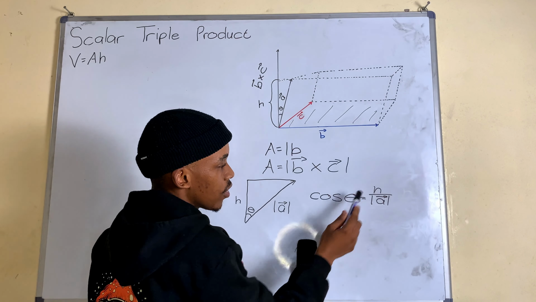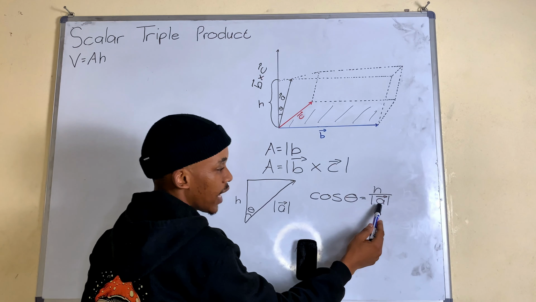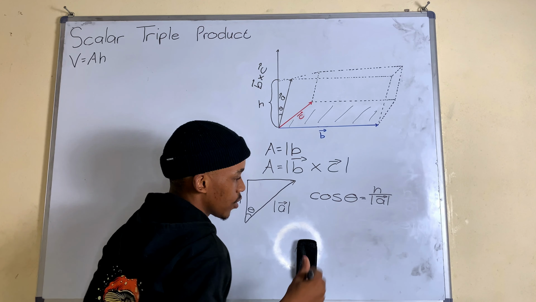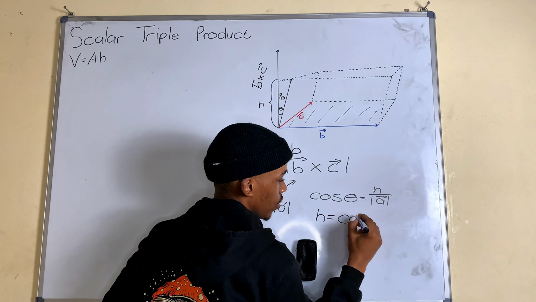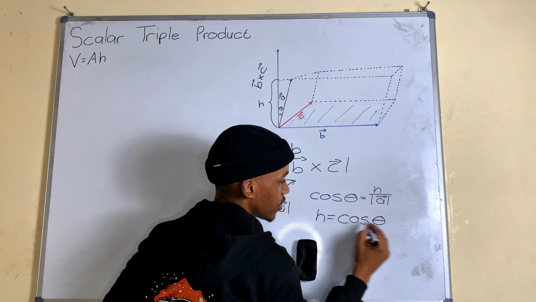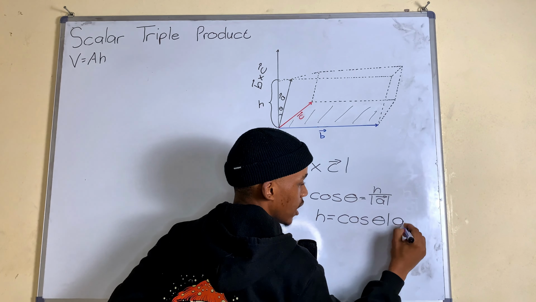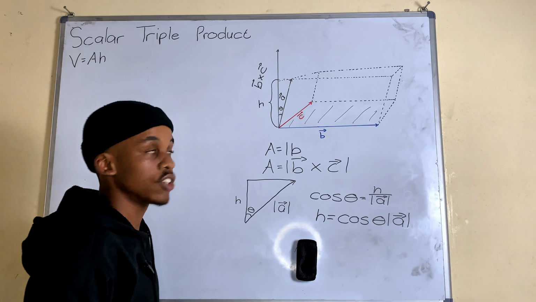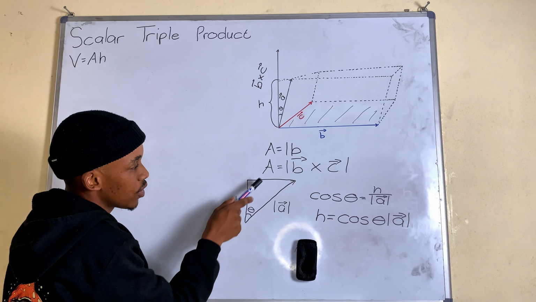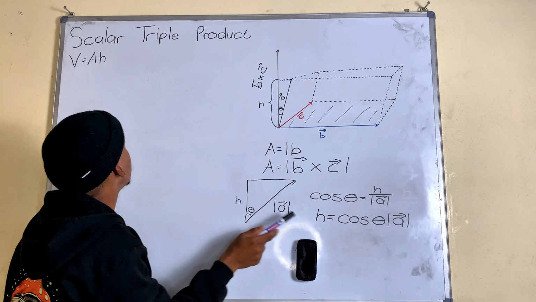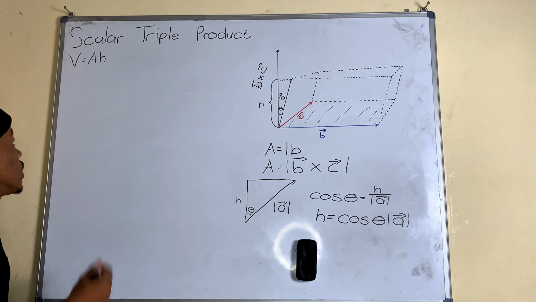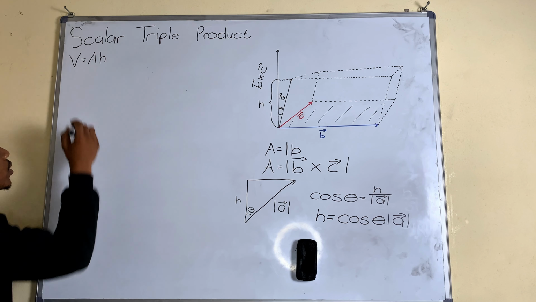And solving for H, or multiplying both sides by the magnitude of vector A, we realize that cos theta multiplied by the magnitude of vector A will give us our H. And so we have now solved for the area and the height, meaning that we can substitute these two into our formula over here to find the volume of the shape.